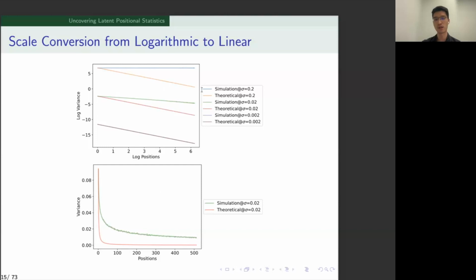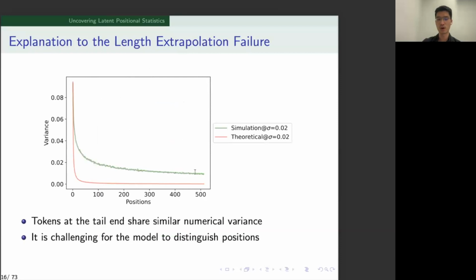If it's log-linear, then in the linear space it looks pretty much like an inversely proportional curve. So when the position index increases, the variance will continue to decrease. This also means that all the tokens at the tail end share similar numerical variance, because this curve will basically plateau when we keep increasing the position indices.